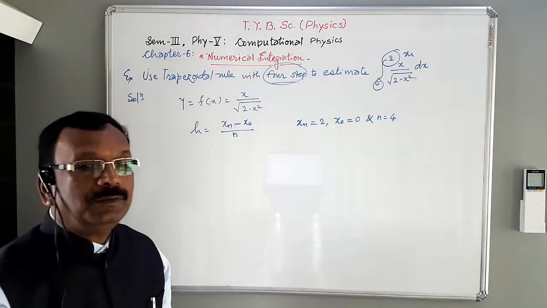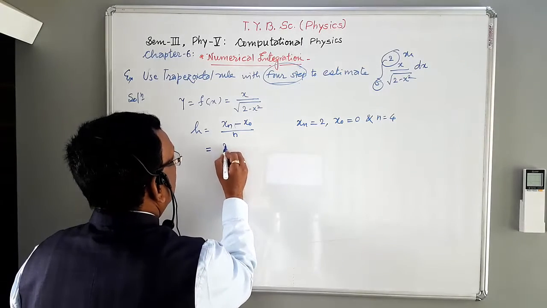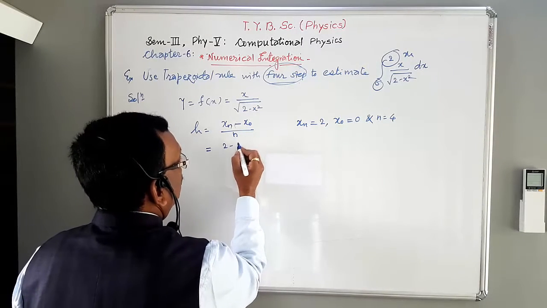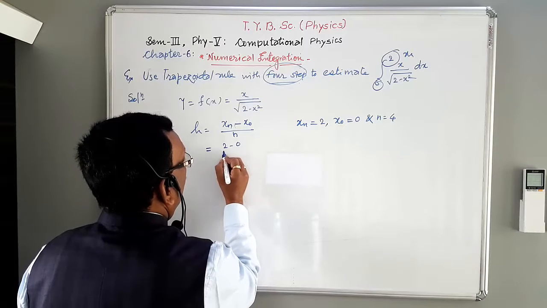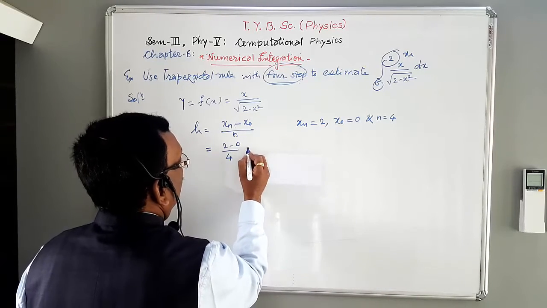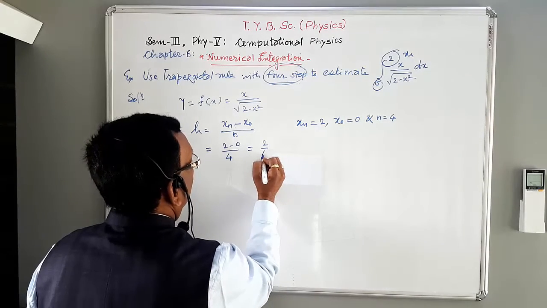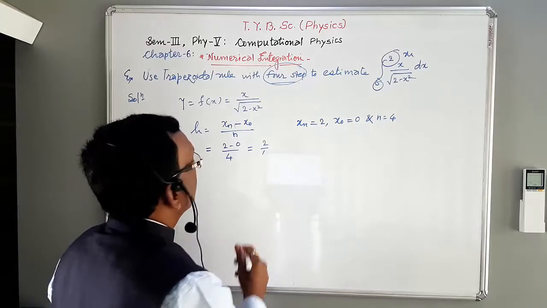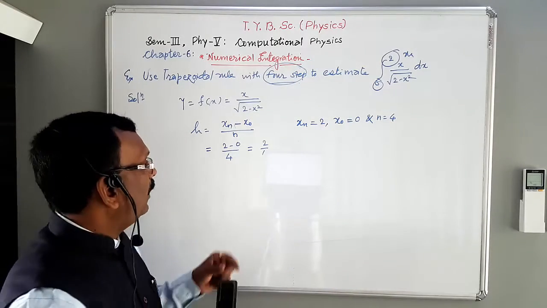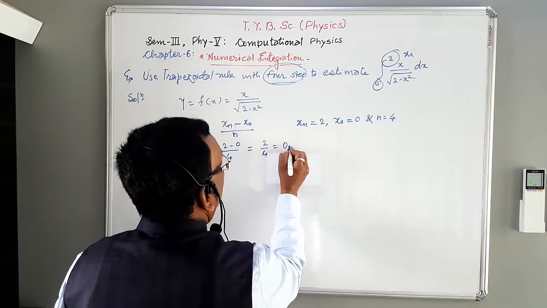Okay. So, if we put the value of xn as 2 and the value of x0 as 0, and the number of steps are 4, we have 2 by 4, that is 0.5.